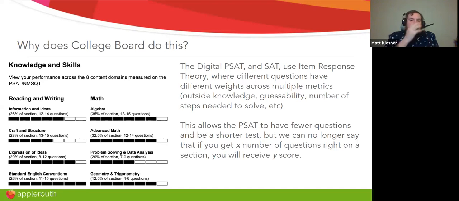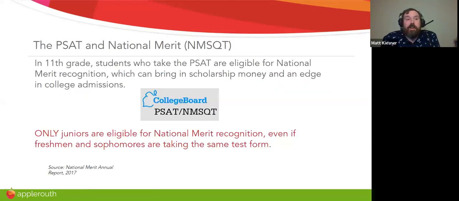Okay, so next thing we're talking about is National Merit, and I know there's some interest in this as well. So the PSAT is a way for 11th graders to enter into a competition to receive National Merit recognition. And if you go through the steps, you'll eventually get a scholarship.